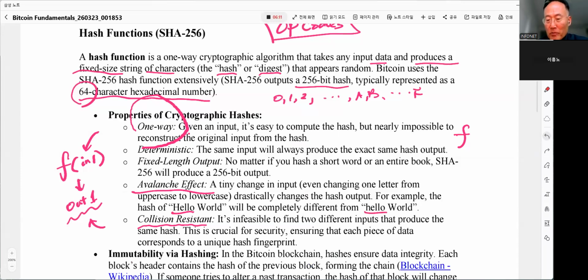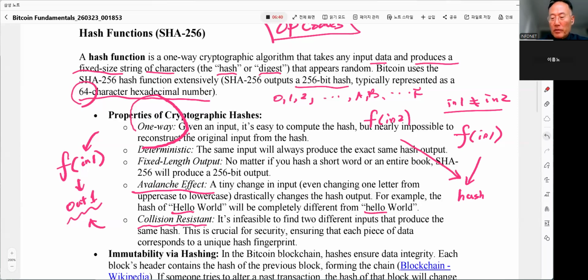All right. So you have two inputs. Let's say input one produced a hash, and another input, input two, which is different from input one. So in1 and in2 are not the same, but they produce the same hash. Same hash.